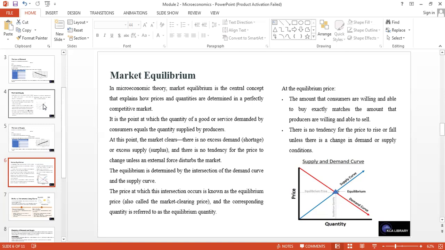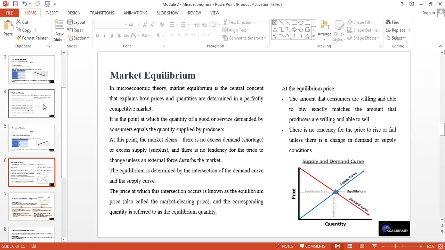It is the point at which the quantity of a good or service demanded by consumers equals the quantity supplied by producers. And at this point, the market clears. There is no excess demand, which is shortage, or excess supply, which is surplus. Also, there is no tendency for the price to change unless an external force disturbs the market.